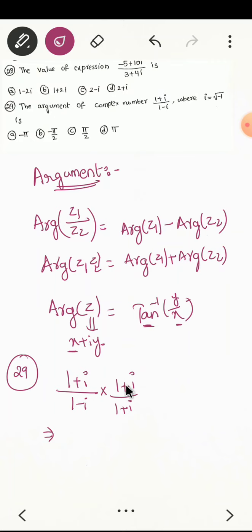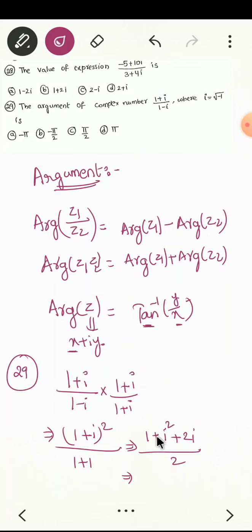Now you will get (1 plus i) whole square by a square minus b square, that is 1 plus 1, 2. 1 square minus i square, minus of minus plus, that is 1 plus 1. (1 plus i) square is 1 plus i square plus 2i, divided by 2.